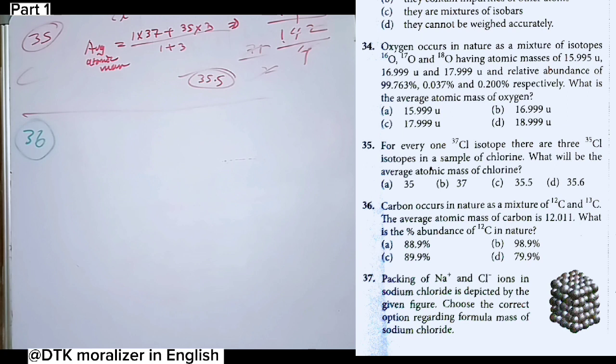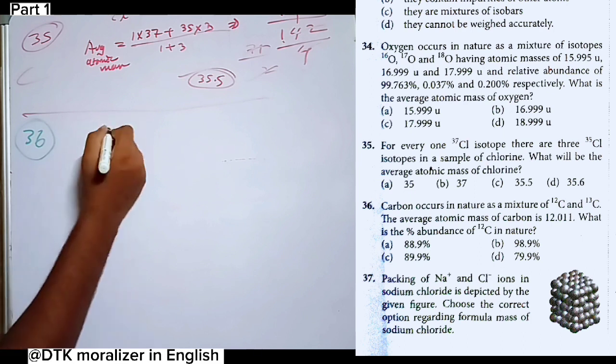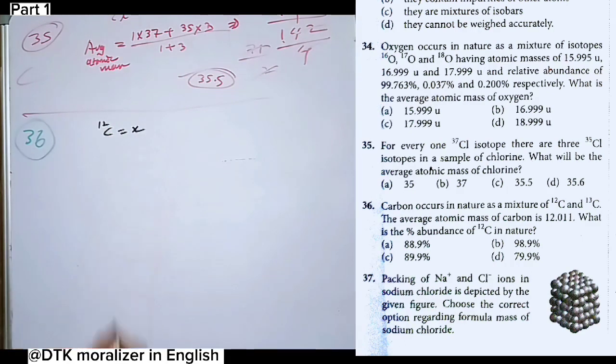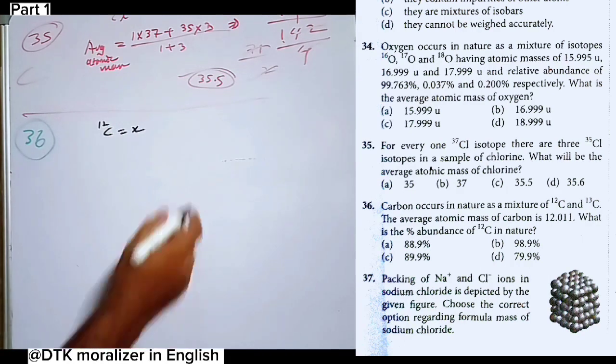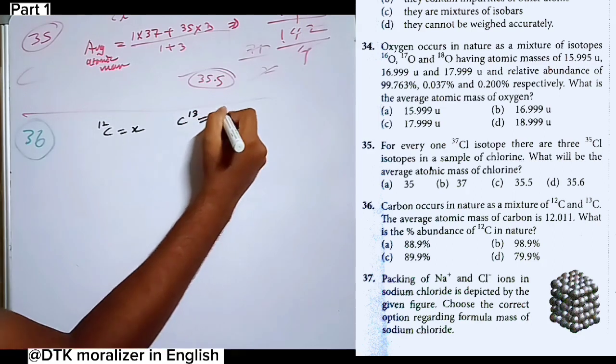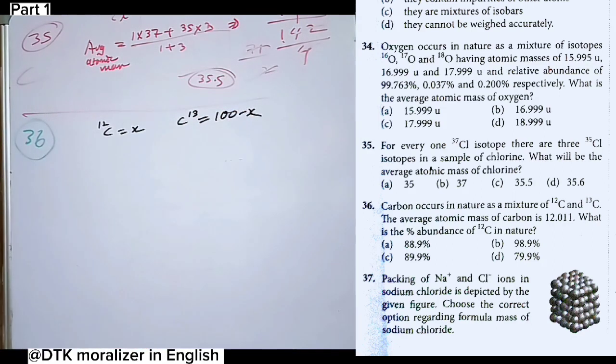Now question number 36. Carbon occurs in nature as a mixture of C12 and C13. The average atomic mass of carbon is 12.011. What is the abundance of C12 in nature? Here the average atomic mass is given.